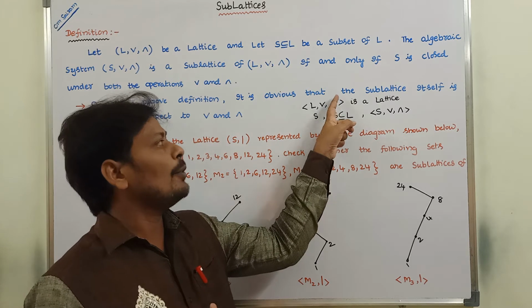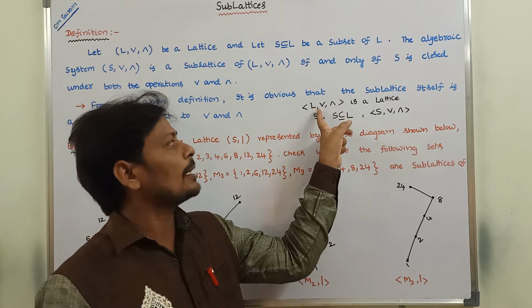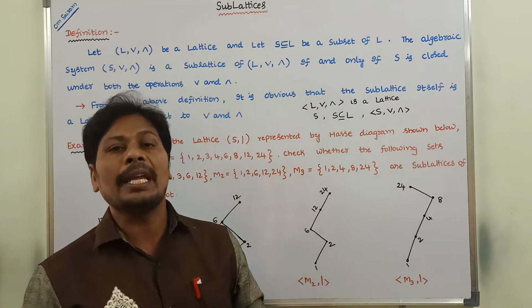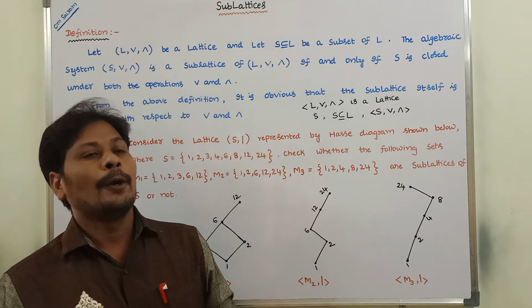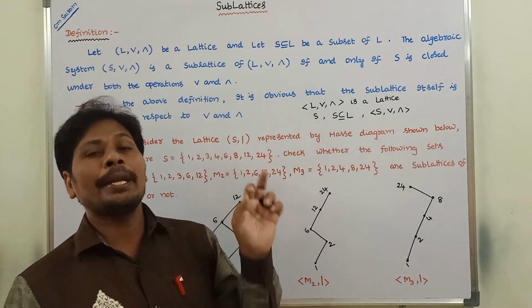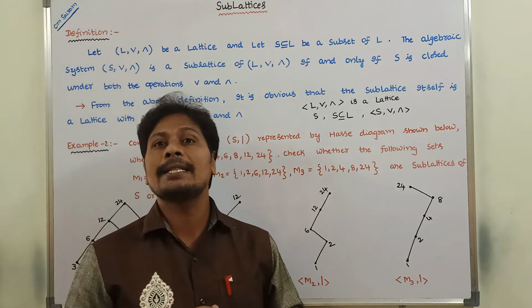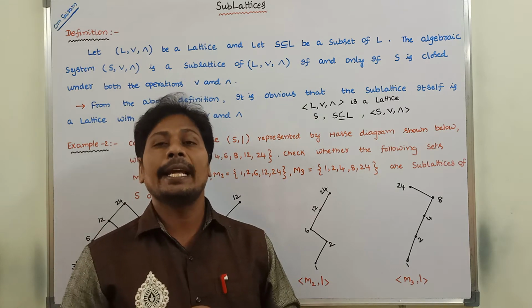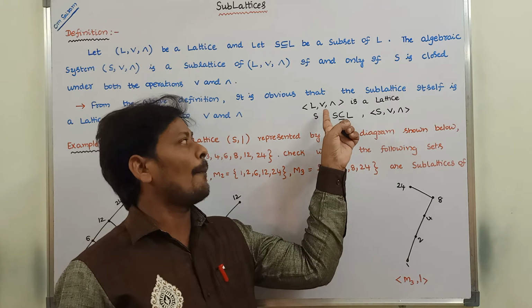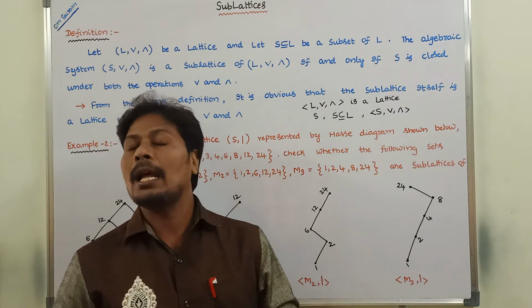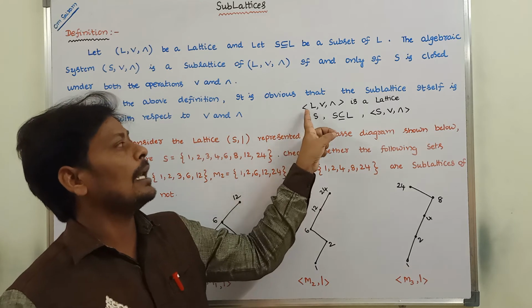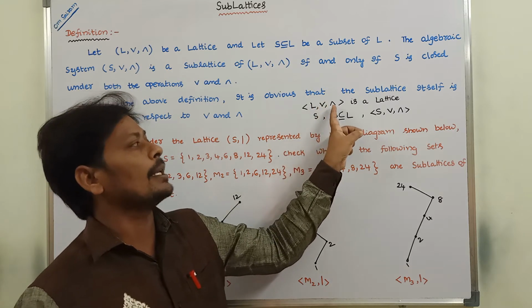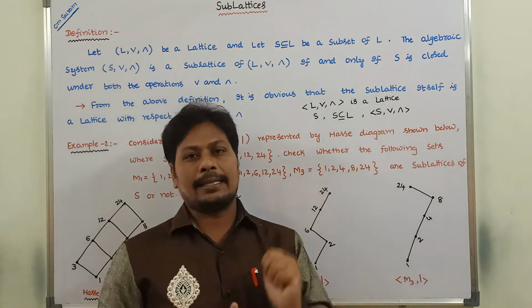When can we say that L, join, meet is a lattice? We can take any pair of elements from the given set L, and there exists a least upper bound and a greatest lower bound. Hence, L, join, meet is a lattice.